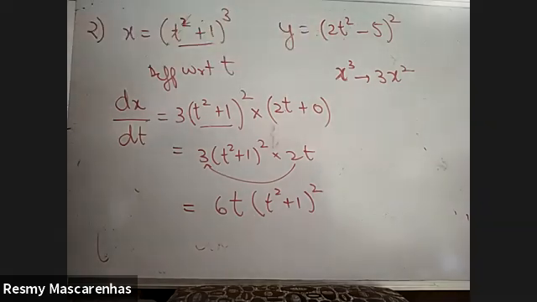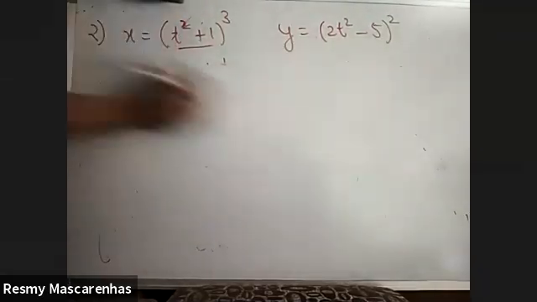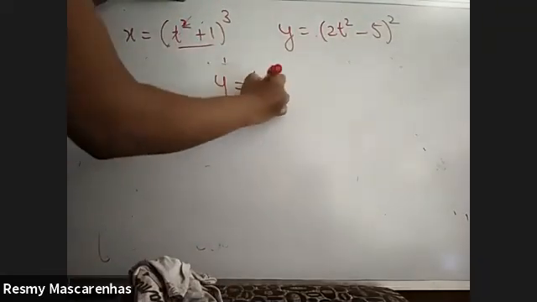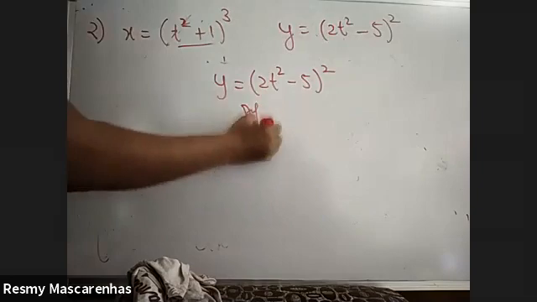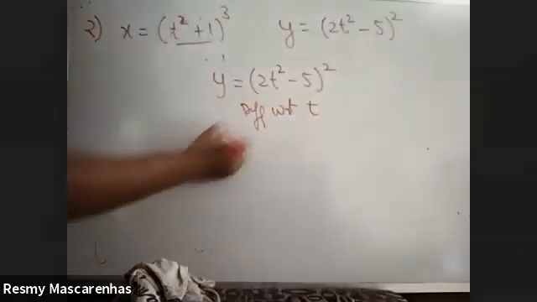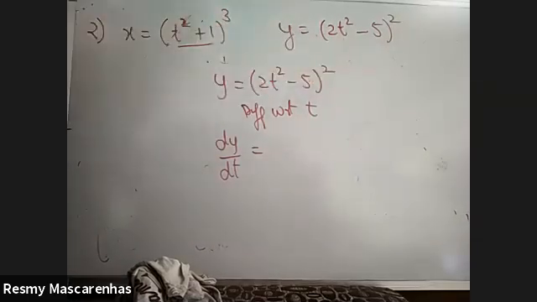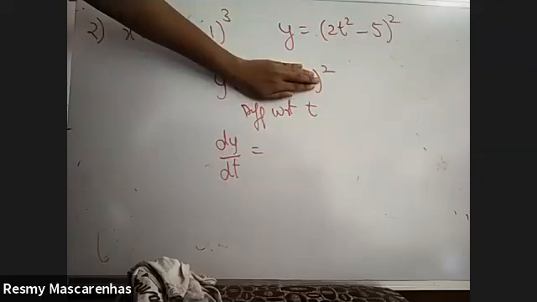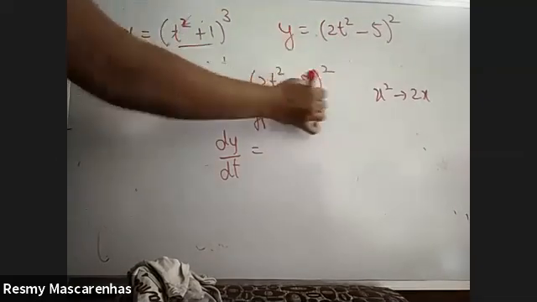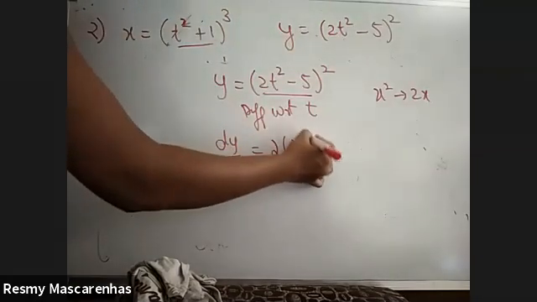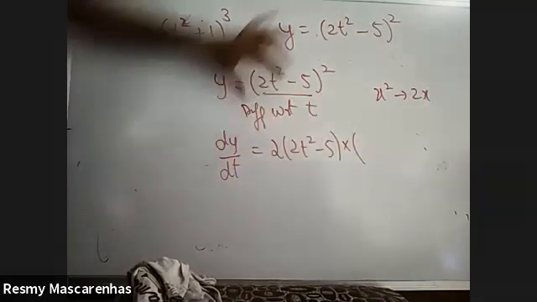Same way now take y and differentiate. So y is (2t square minus 5) the whole square. Now again differentiate with respect to t. So dy upon dt will be, again, this is like x square, whatever is inside the bracket square. The derivative of x square is 2x. Same way the derivative of this square will be 2 times x into the extra derivative of whatever is inside the bracket.